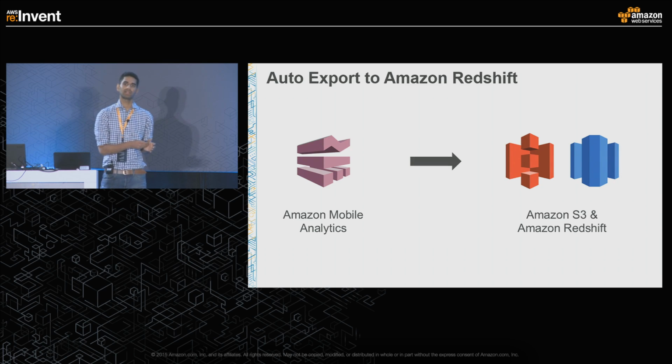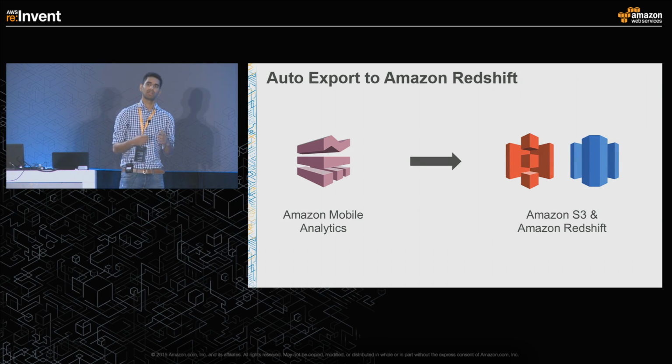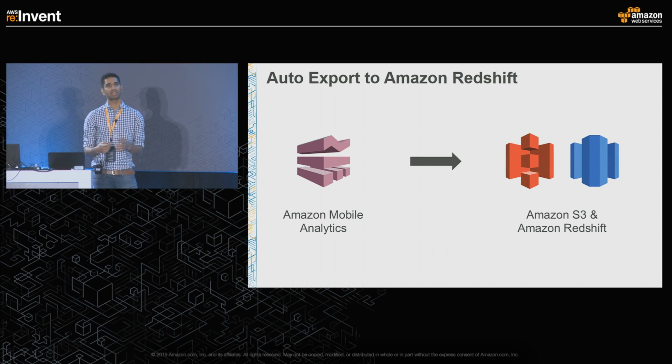We automatically export all of your app events data to both Amazon S3 and Redshift. With data in Redshift and S3, customers or developers could now use their favorite BI tools to run ad hoc analysis or custom analysis to answer the questions that they really care about.